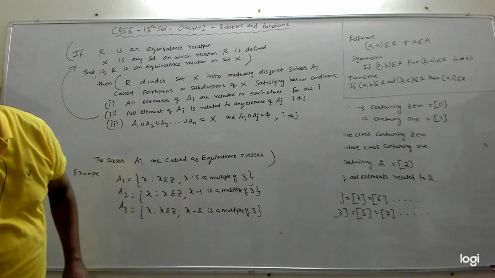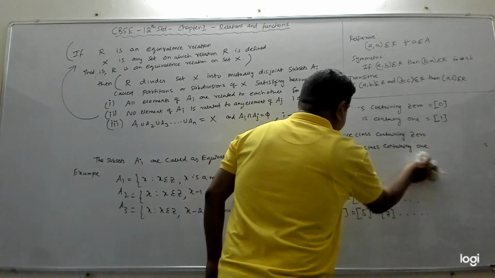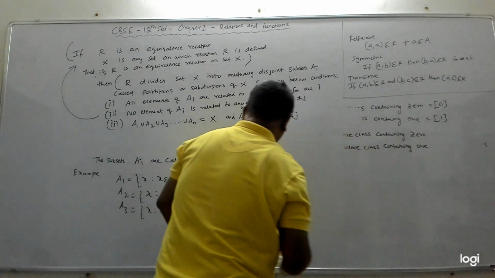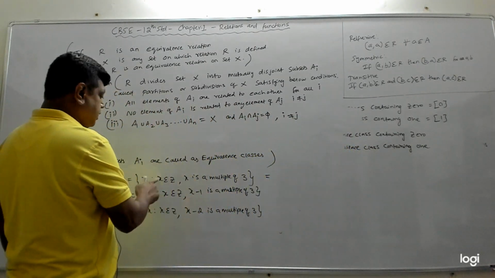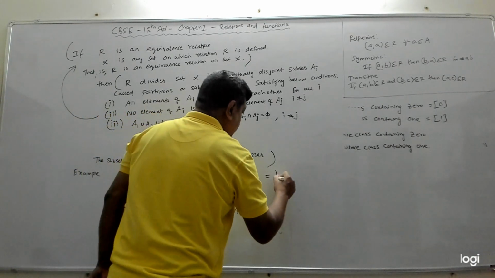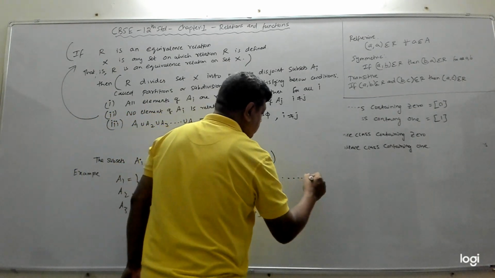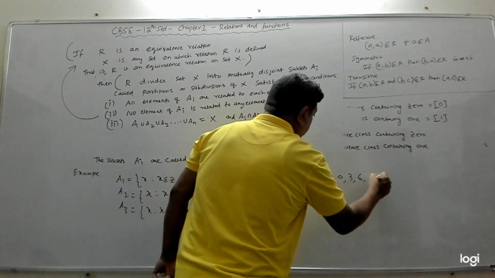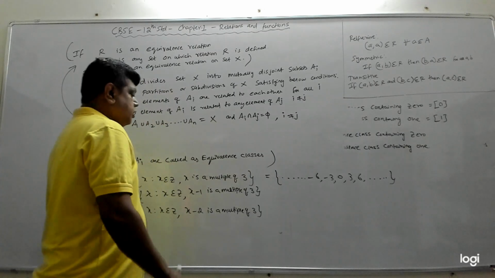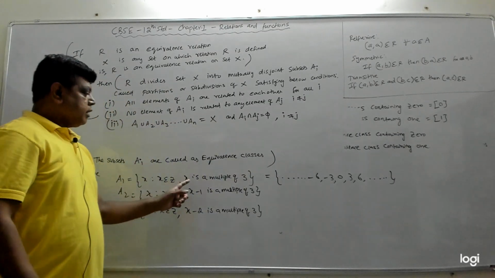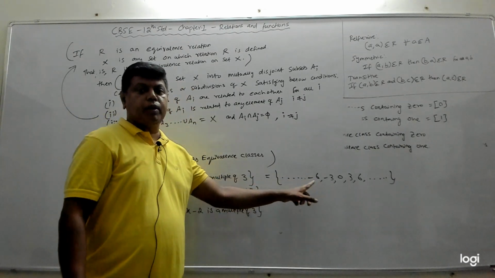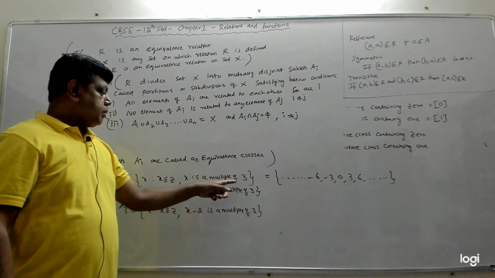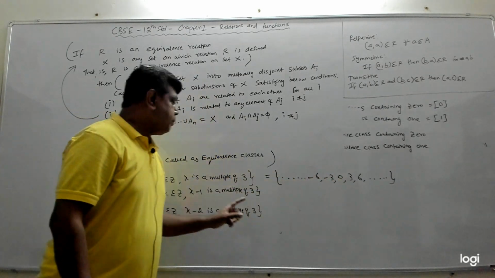Now what are these sets? If X is an integer and X is a multiple of 3, what all will come? You will have minus 6, minus 3, 0, 3, 6, and so on. This is your set, because every number here should be a multiple of 3.